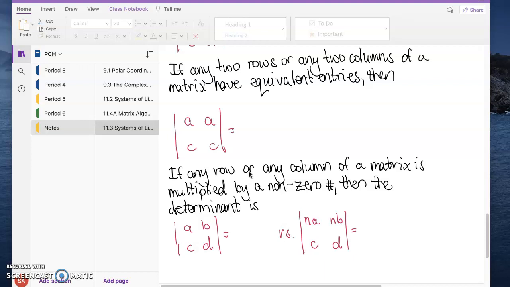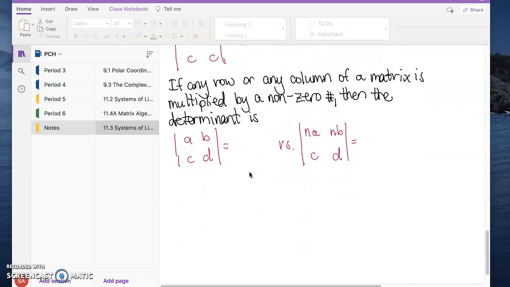So pause me and do this one and fill in the then part. Okay, so AC minus AC. I guess I left off more on this one than the previous ones. The determinant is 0. I can't write. That's a 0. Sorry, it's kind of messy.